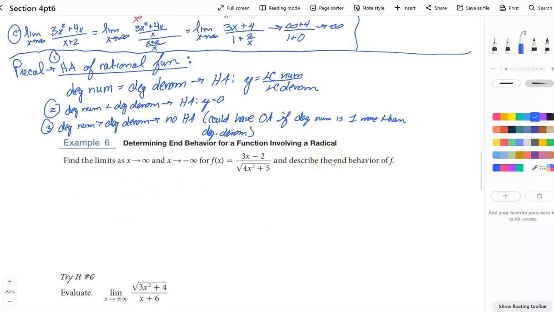Let's look at another one. We want to find the limits as x approaches infinity and negative infinity for 3x minus 2 over the square root of 4x squared plus 5.